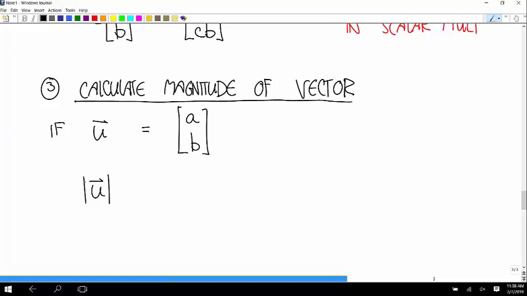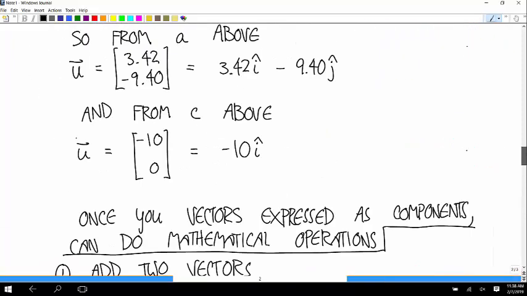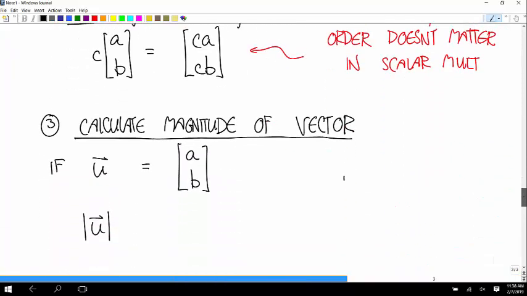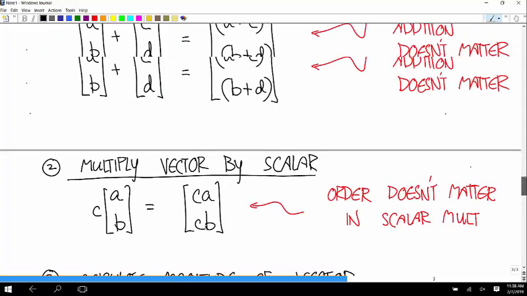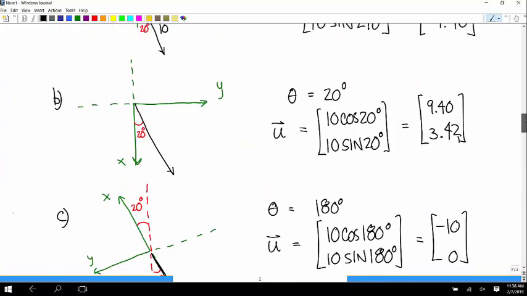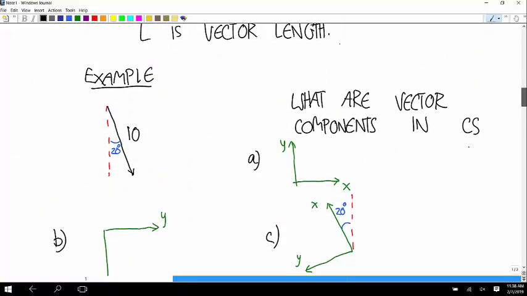Can anyone think of what that calculation would be? That's right. Exactly. Have you guys all done this stuff before? Some of you, a little bit. Okay.